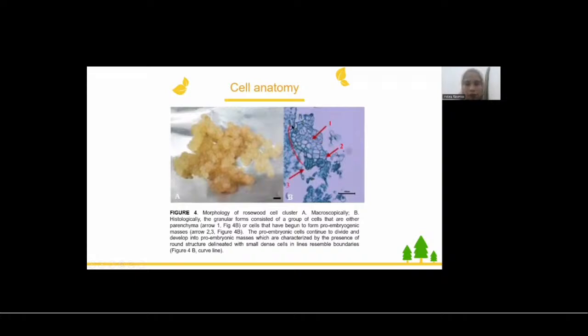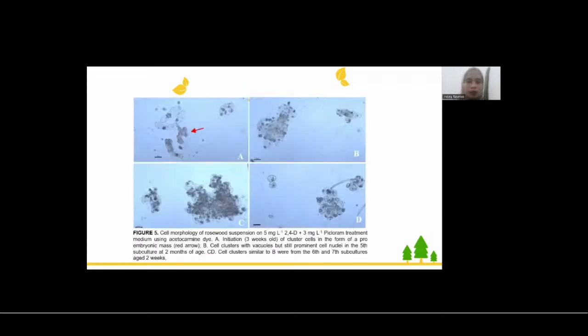This is the line that resembles boundaries, the round structure in proembryonic mass. This is the cell morphology with azocarmine.